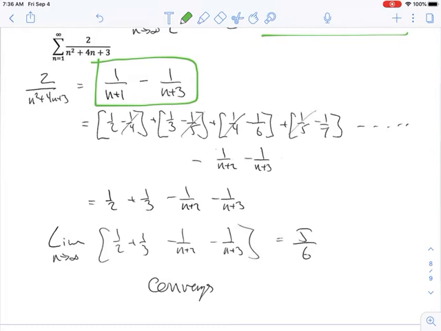And so when you start writing out the terms, you have to keep writing out terms until you see a pattern of things canceling out. So when n is equal to 1, we get 1/2 minus 1/4. When n is equal to 2, we get this, 3, 4, on and on until we get to the nth term.